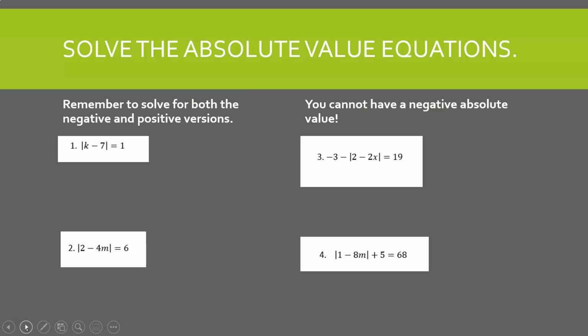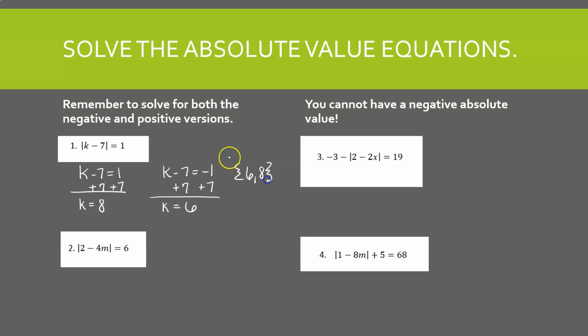All right, so our first one, you're going to solve for k minus 7 equals 1 and k minus 7 equals negative 1. If I add 7 here, I have k equals 8. If I add 7 here, I have k equals 6. So my solutions are 6 and 8.